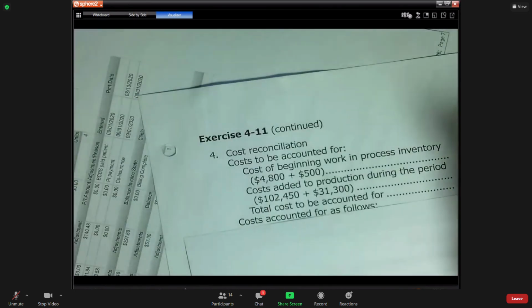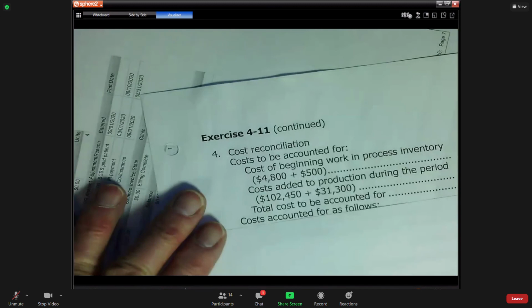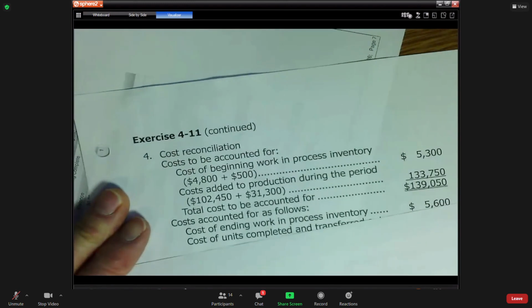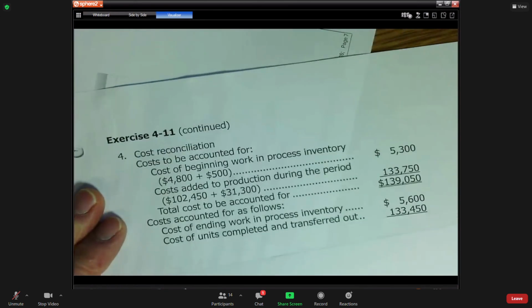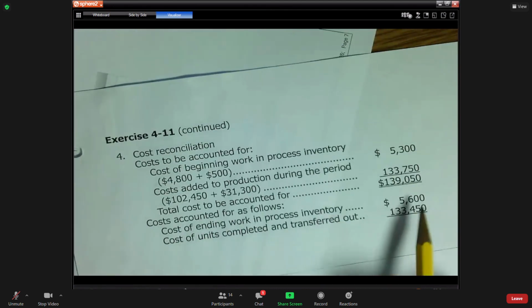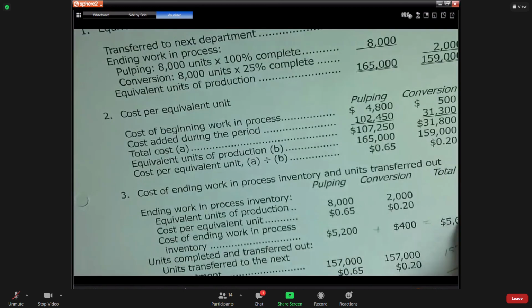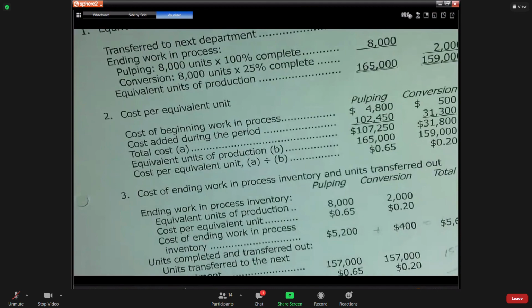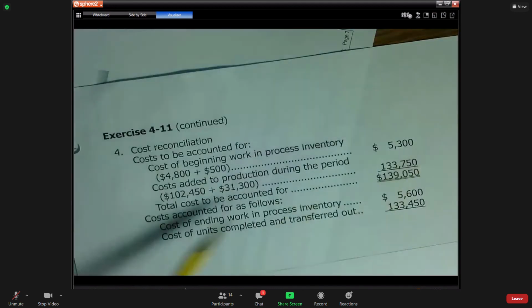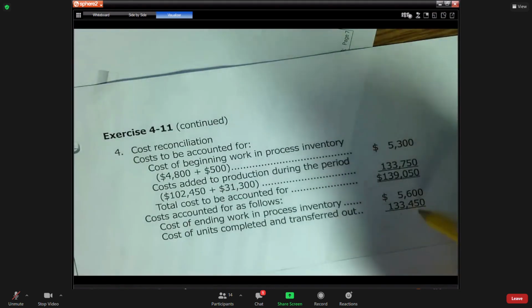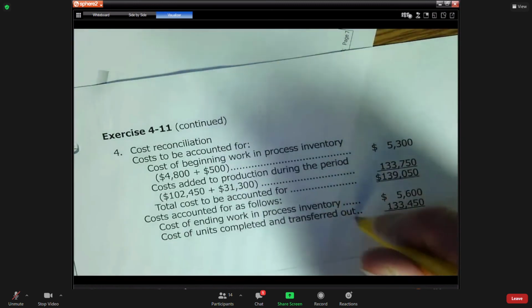There's the total amount. And then where did the cost go out at? Well, you had costs that ended up in the ending work in process inventory, 5,600. See, in part 3, there it is. And then the cost transferred, 133,450. There's part 3 coming back into part 4.